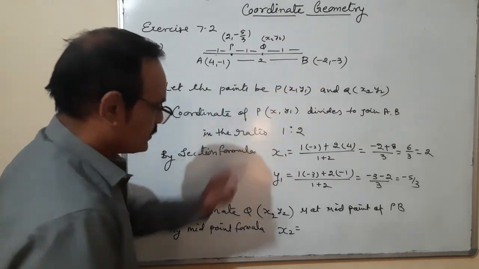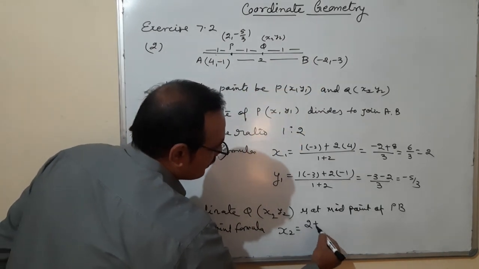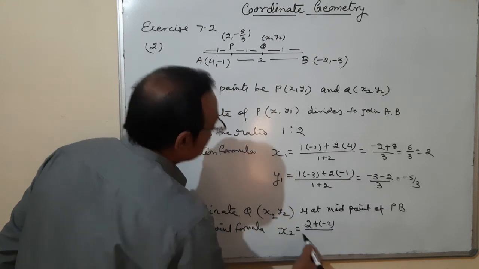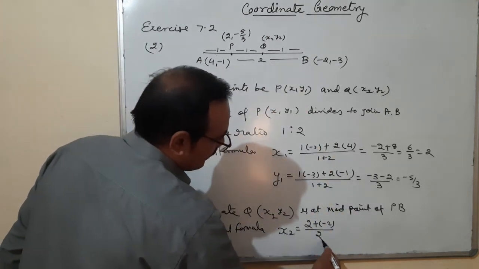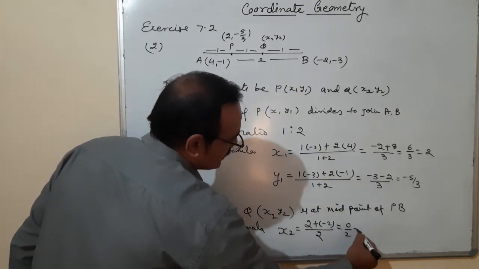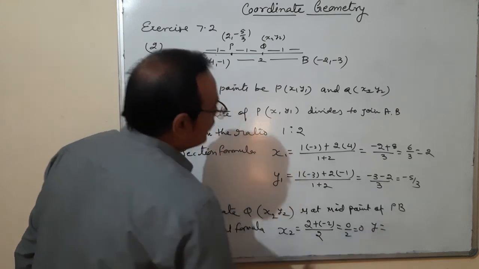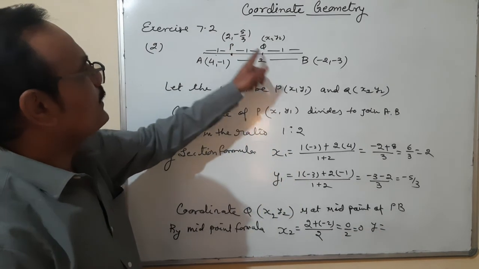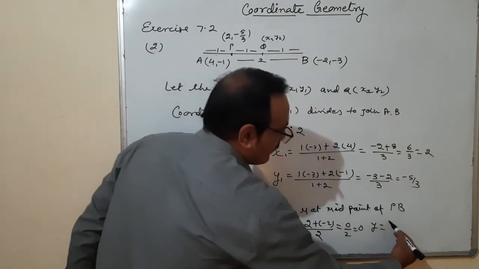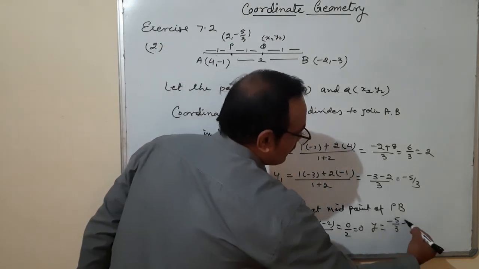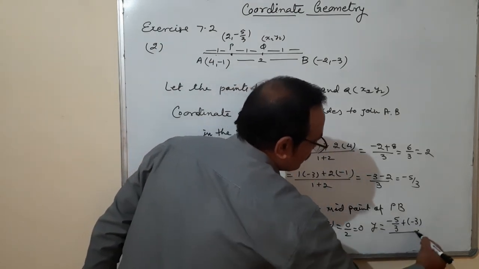That means 2 minus 2 upon 2, 0 upon 2, that means it is 0. And y is equal to -5/3 plus -3 upon 2.